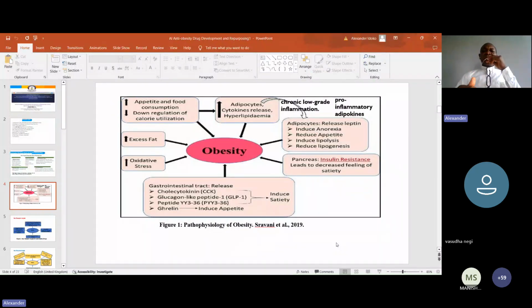Now, when the adipocytes become enlarged, the next thing that happens is chronic low-grade inflammation. This is because pro-inflammatory adipokines are released into circulation, resulting in hyperlipidemia, and the condition becomes one of oxidative stress.